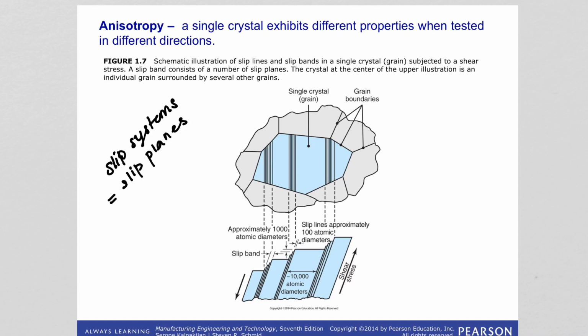And these planes will differ depending on your crystal structure. FCC, BCC, HCP will have different slip planes, and together with slip planes, the slip direction will be giving us the slip systems.